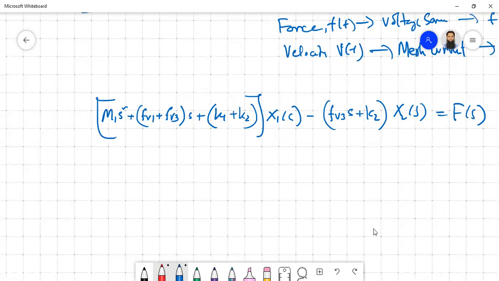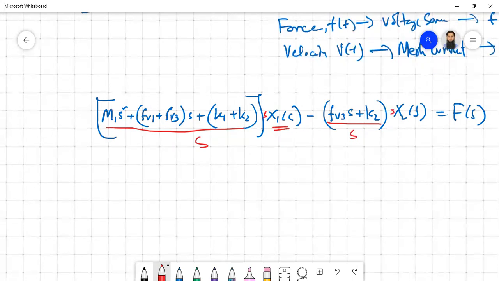So now to apply the electrical analog, we actually have to change this parameter to velocity. So we actually have to divide it by S and multiply with S. Velocity, sorry, not voltage. Similarly, this one is divided by S and multiplied by S.